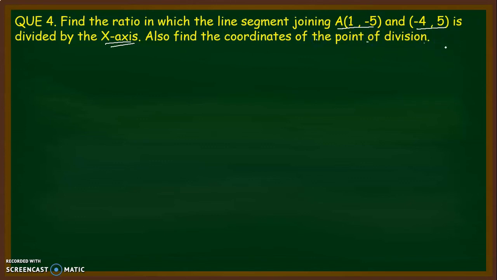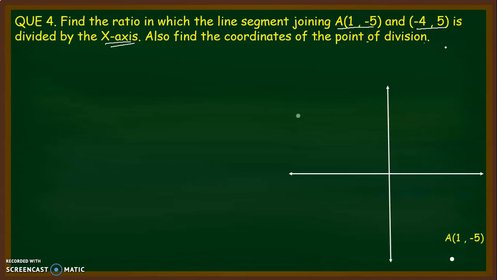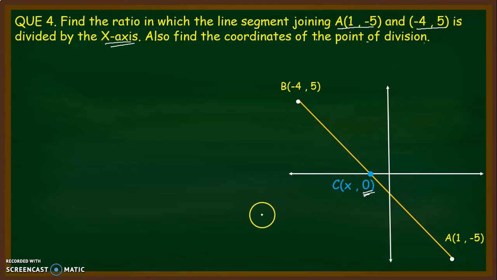So let's say here we have the x-axis and y-axis. The two points: first point A, that is (1, minus 5), and second point, let's say B, that is (minus 4, 5). The line joining those two points will be divided by the x-axis. So this is the point on the x-axis, let's say (x, 0), because any point that lies on the x-axis has its y coordinate equal to 0.